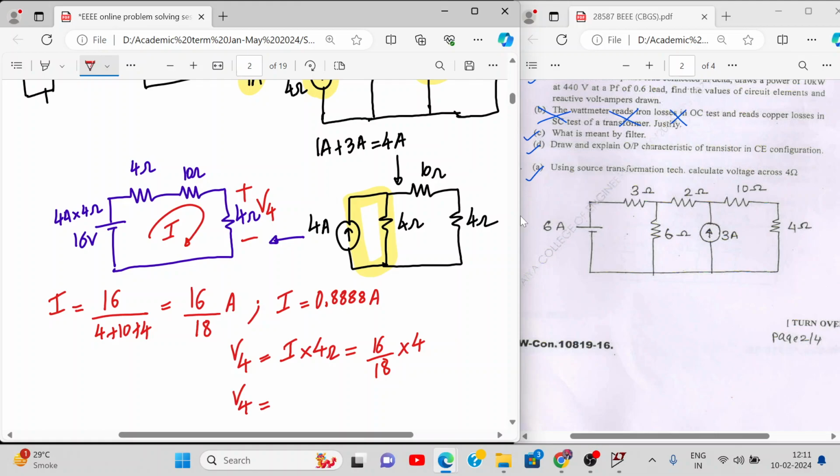16 into 4 divided by 18. How much is that? 3.5. Never ending 5, right? In the end 6 comes very often. Okay, not never ending 5. So we can write this much only.